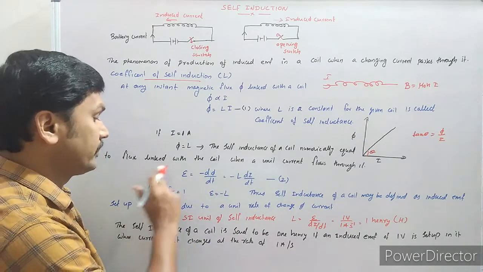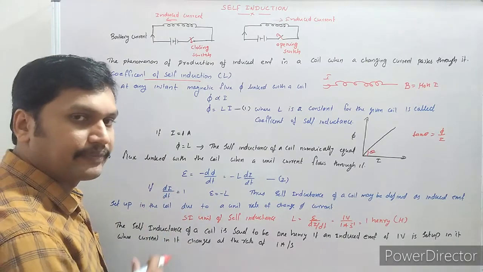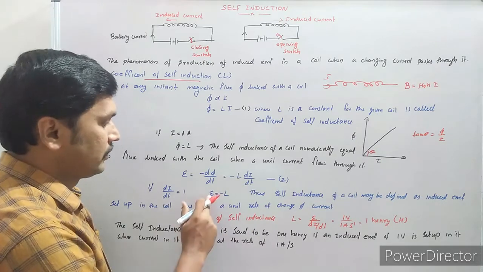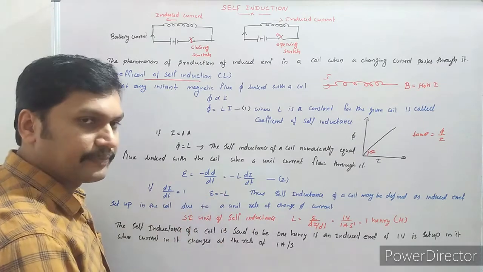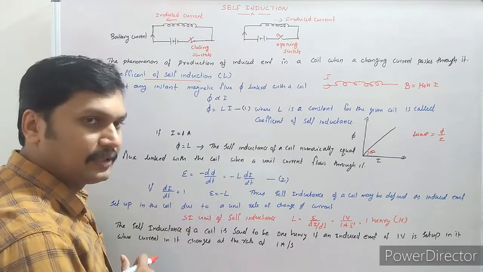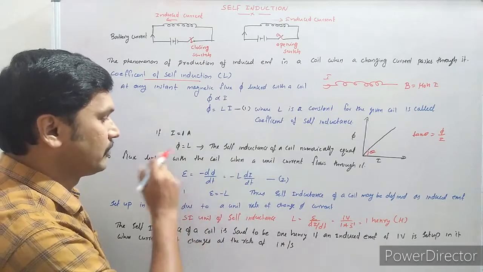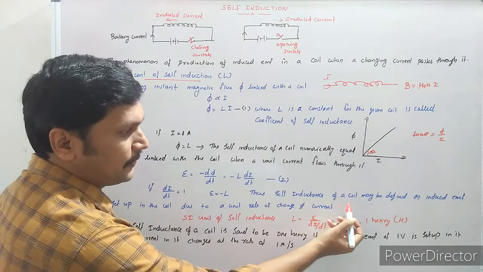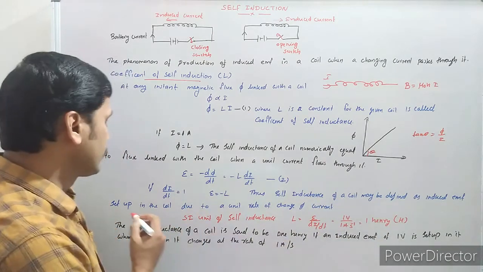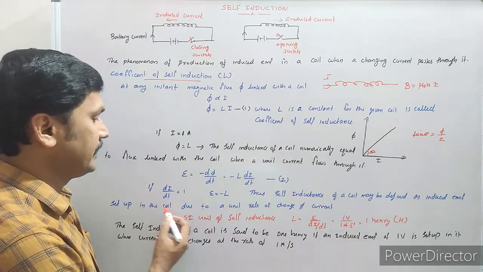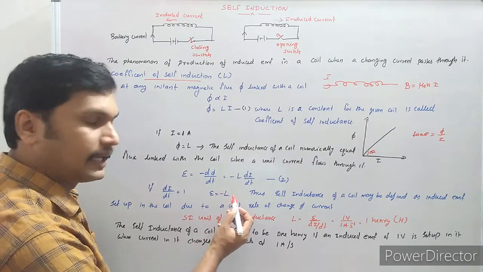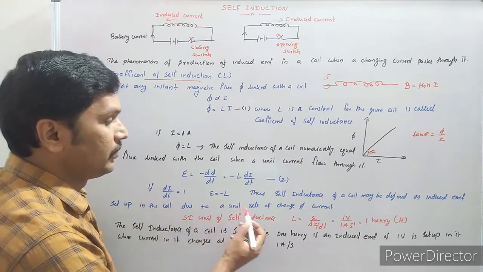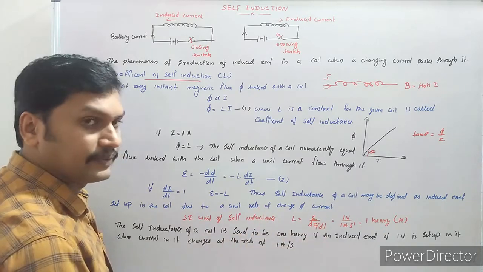Now suppose you put di by dt is equal to 1 in this equation. So you get E is equal to minus L. See, another definition for the self-inductance of a coil: the self-inductance of a coil may be defined as the induced EMF set up in the coil due to a unit rate of change of current in it.